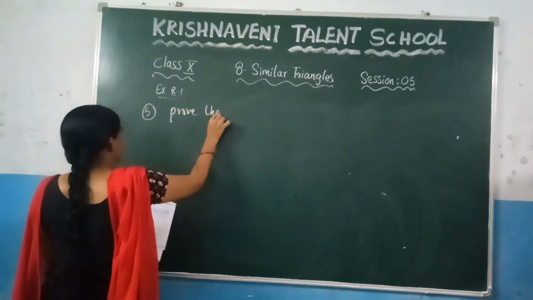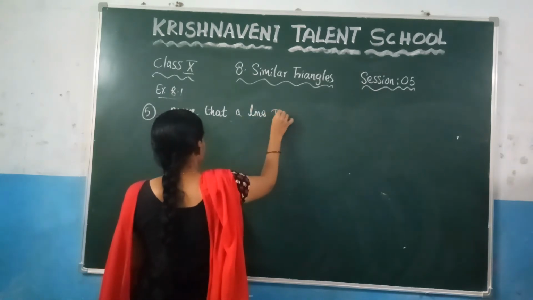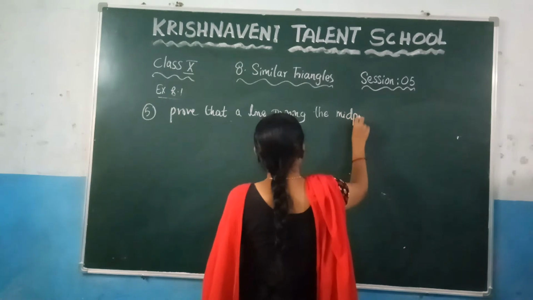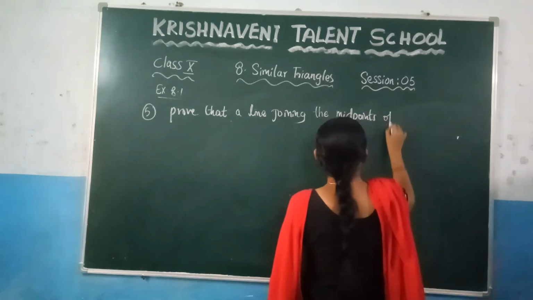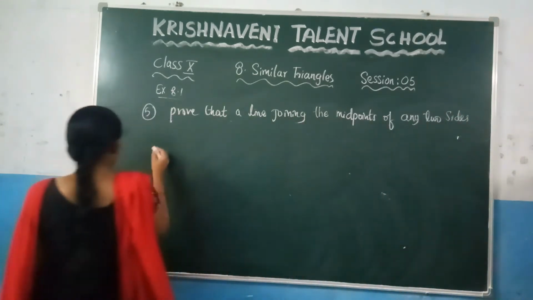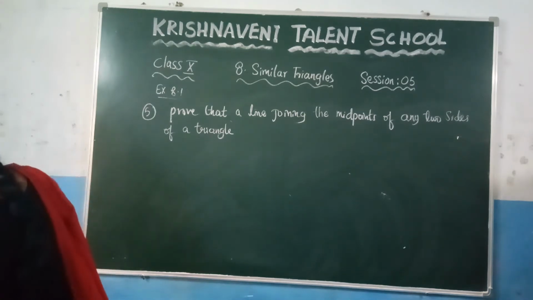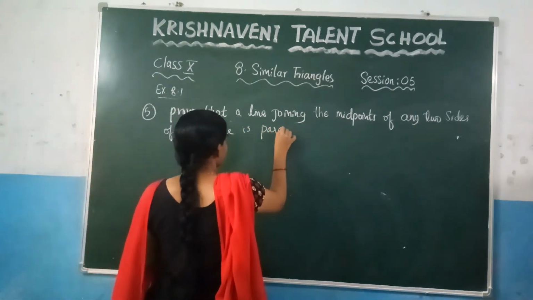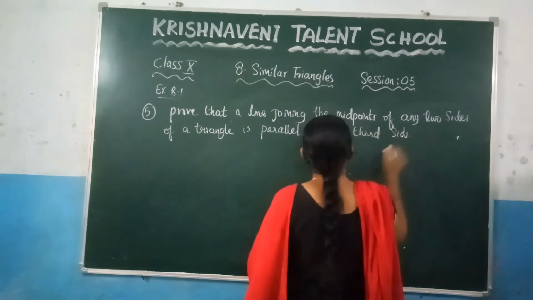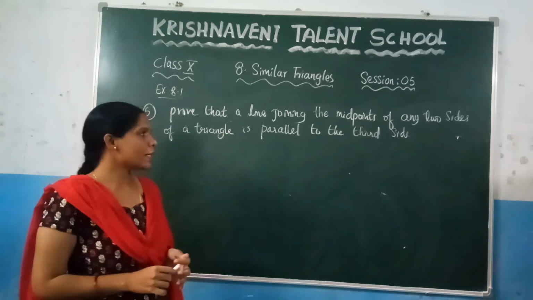Prove that a line joining the midpoints of any two sides of a triangle is parallel to the third side.